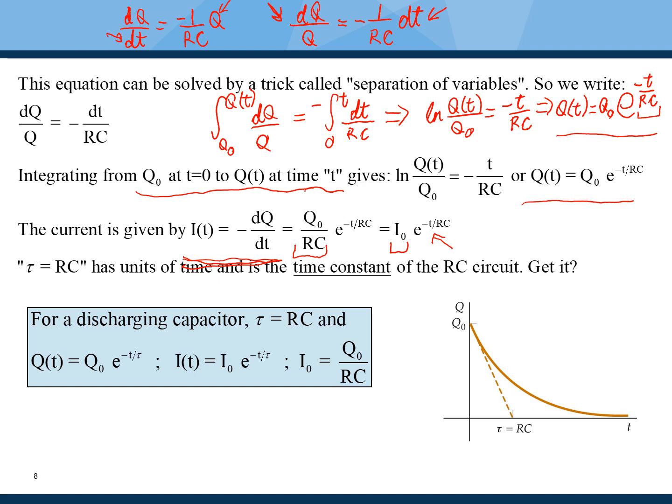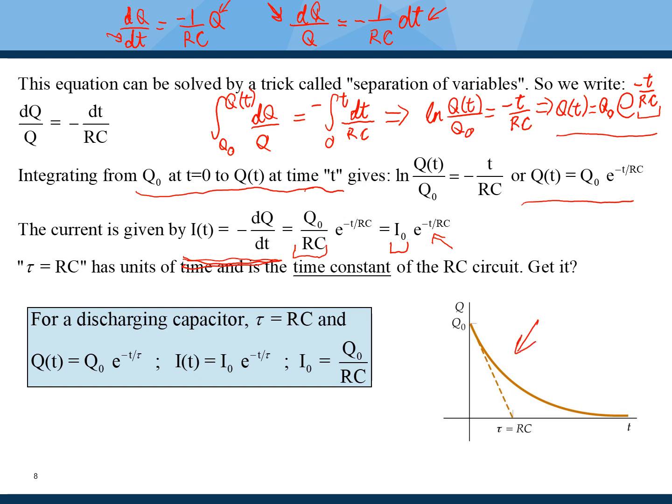This is only natural because the initial current is the largest because the voltage across the resistor is the largest. But as the capacitor keeps getting drained, there's a smaller and smaller amount of voltage across the resistor, and so the current in the circuit decays, as does the charge on the capacitor. So this shows you the decay of charge on the capacitor.